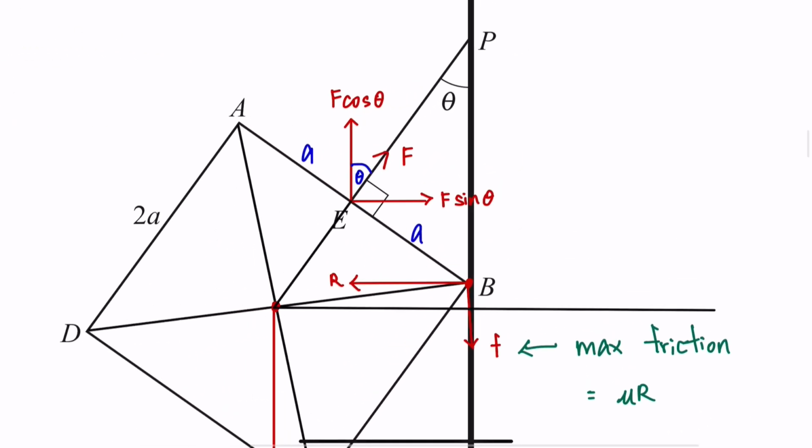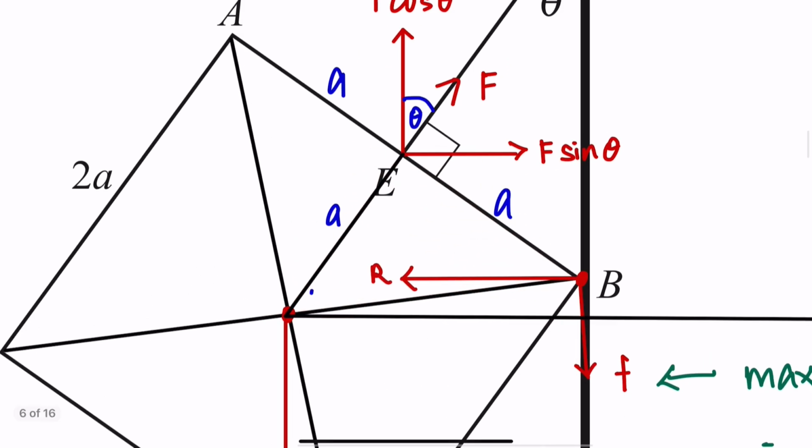Okay, so first we can see that this length is A, because it's just half of the square, right? And since these two sides have the same length, we know that this would be an isosceles triangle.